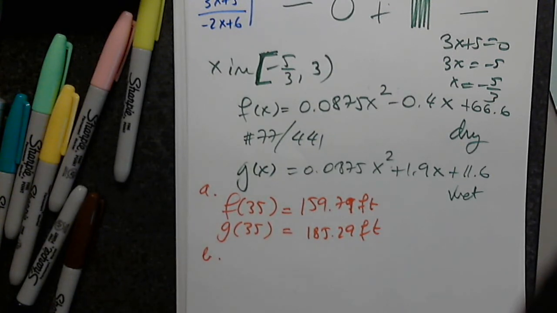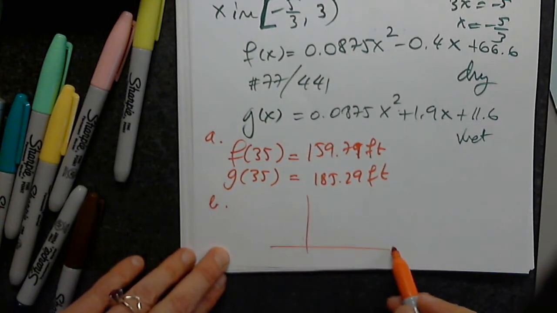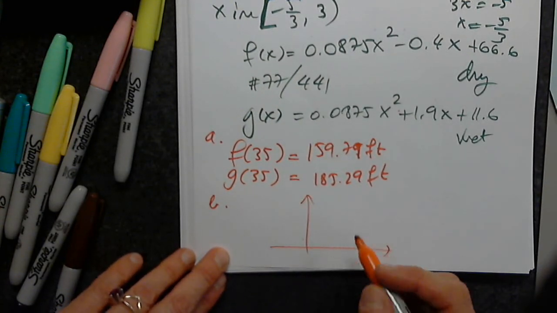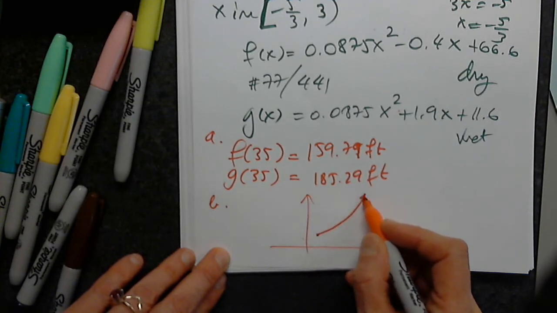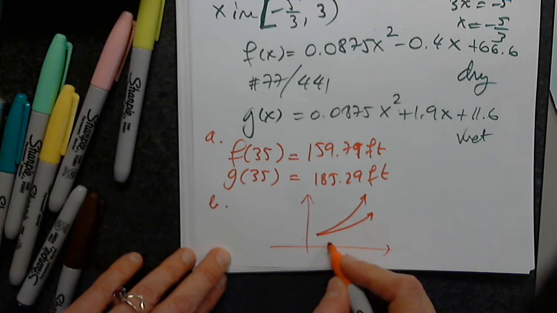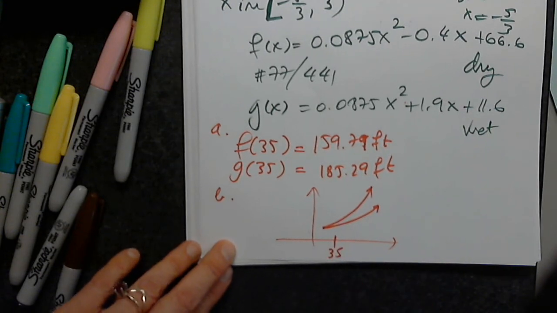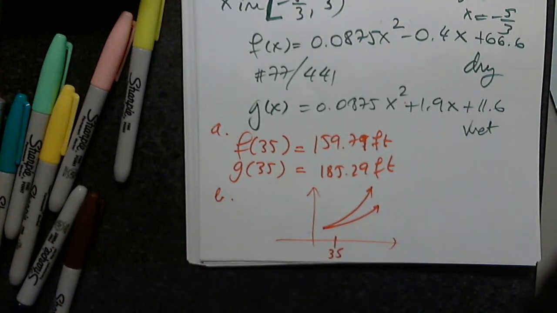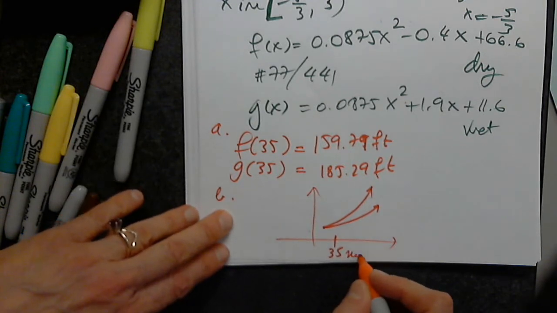Based on your answers in part A, which rectangular coordinate graphs show stopping distances on dry pavement and which show stopping distances on wet pavement? So the graph at the top of the page looks like this. And somewhere here I had 35 miles per hour.